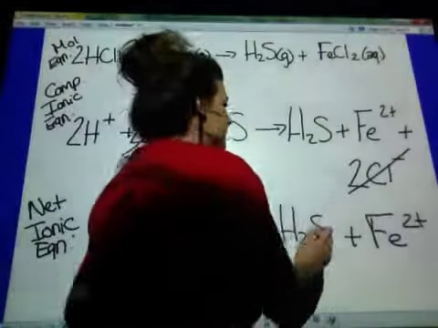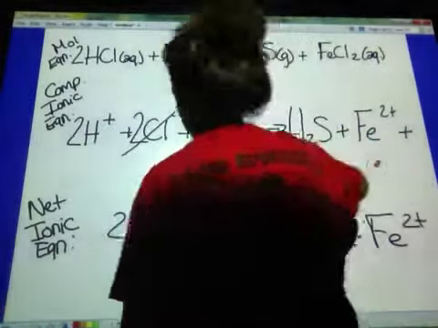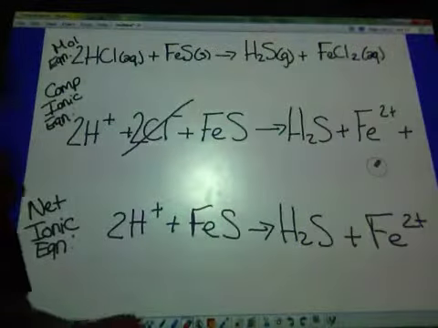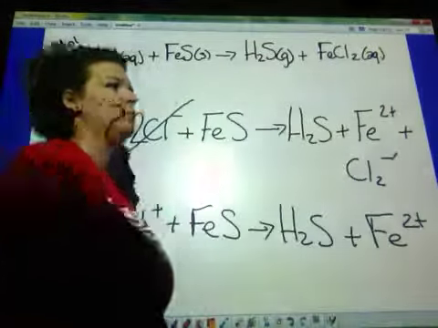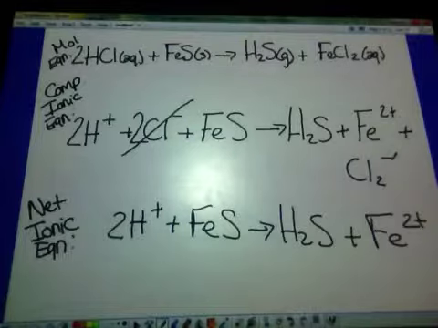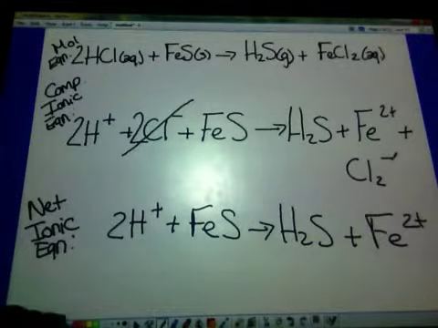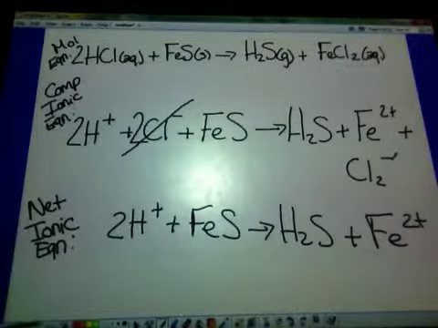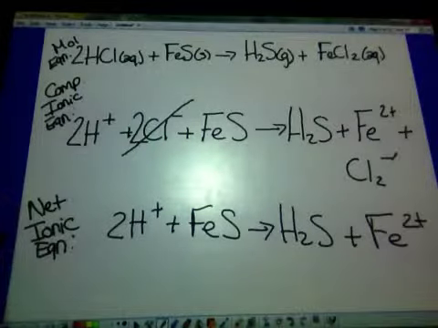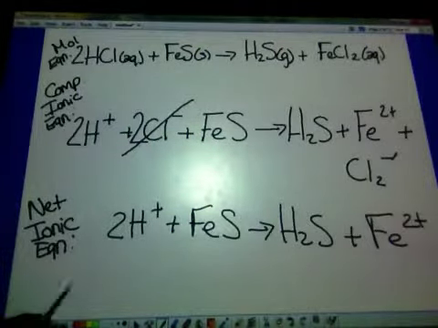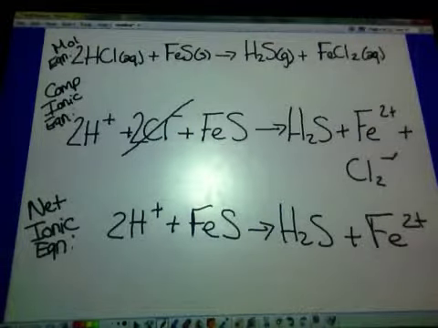Could I have written Cl2 minus like that? Oh my gosh, no, because that doesn't even exist. Cl2 we know is diatomic, that's a molecule, one of my diatomic elements, and Cl2 does not exist in an ion form.